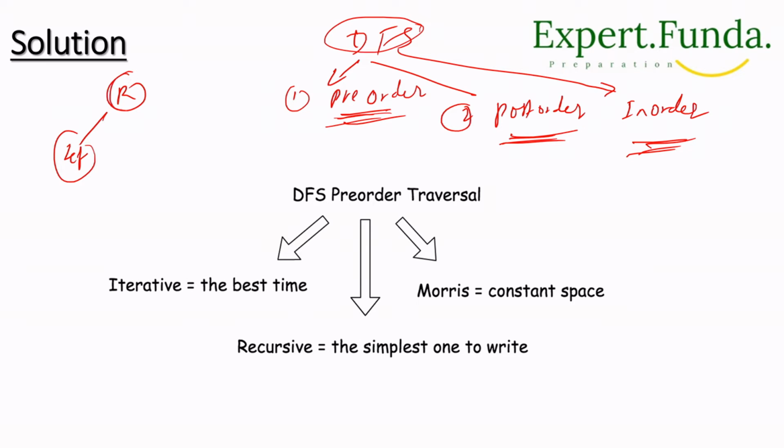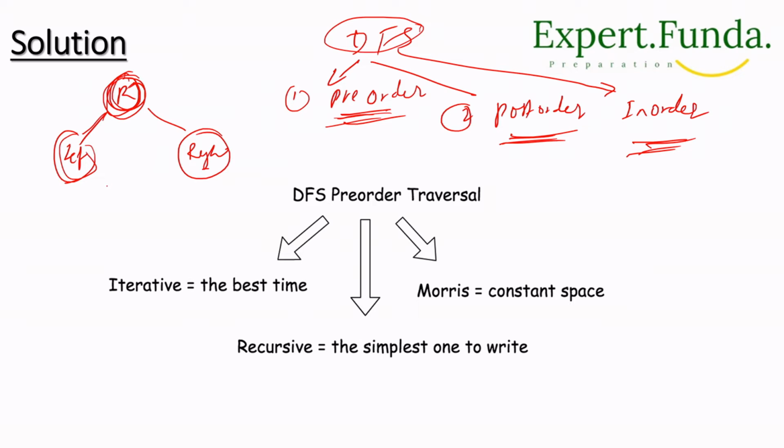If we go with post-order, first we go to the left, then right, and then to the root. Similarly, in in-order, first we go to the left, then the root, and then right, like this.